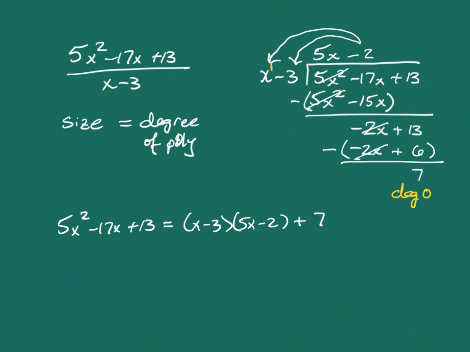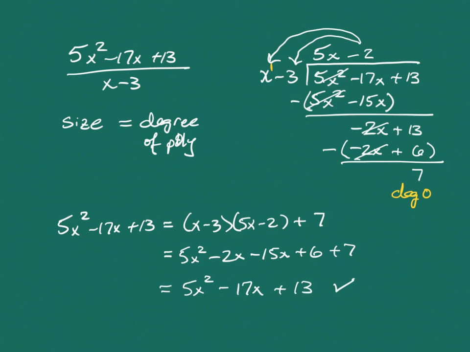If I want to confirm that that's actually true, I could multiply that out. I would have a 5x squared, then a minus 2x, a minus 15x, a plus 6, and then a plus 7. What do I end up with? 5x squared minus 17x plus 13, exactly as I'm supposed to have.